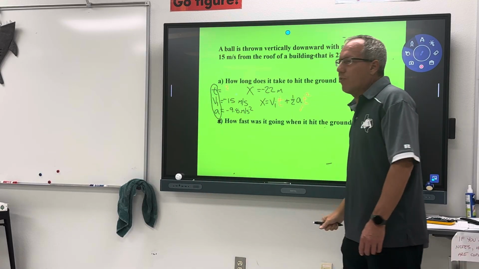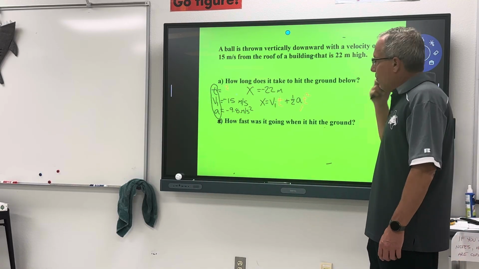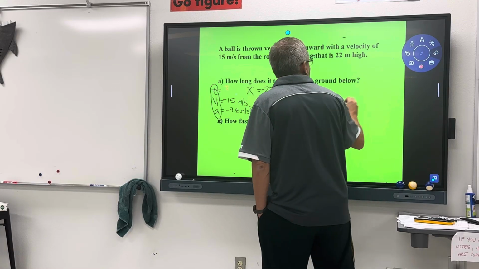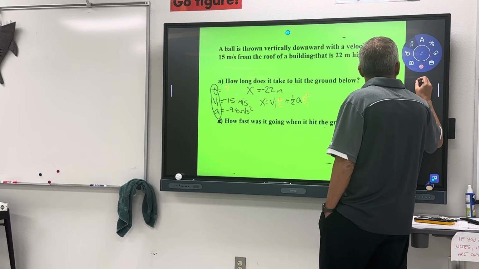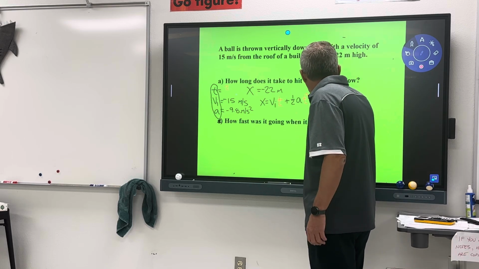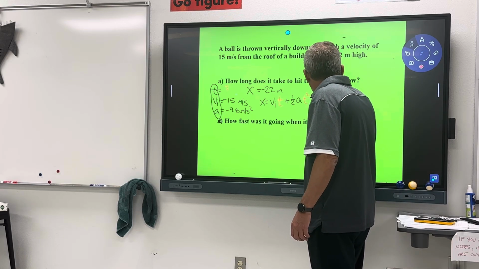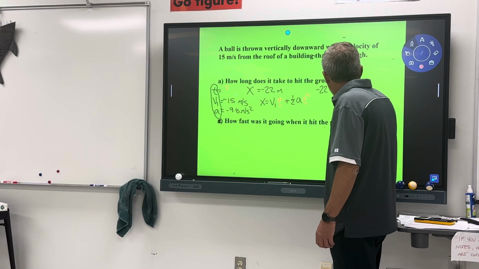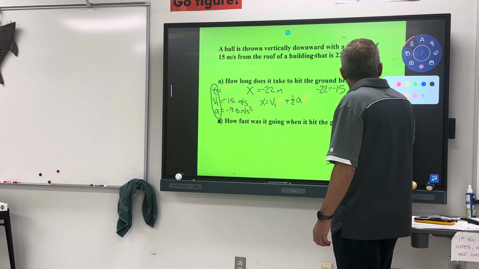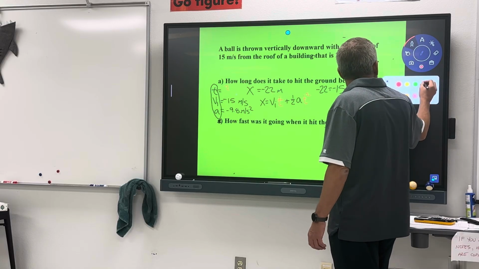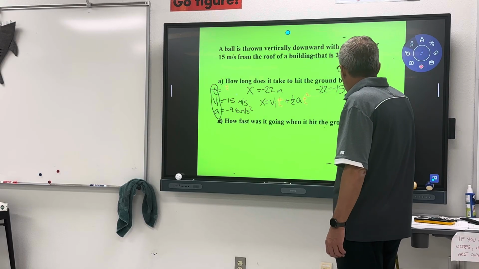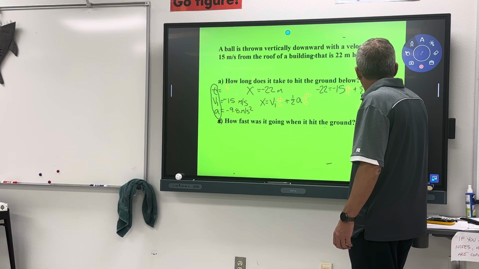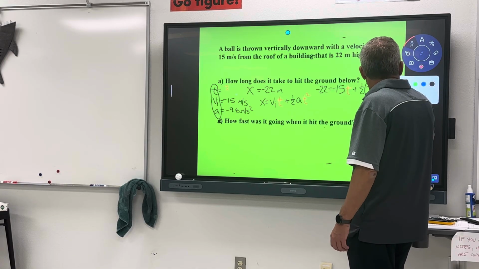So there's where we originally were at, wasn't it? All right, and then when we plug this in, so let's plug this in. This was negative 22 equals my initial velocity, which is negative 15 times time plus 1/2 times negative 9.8, and then this was t squared.